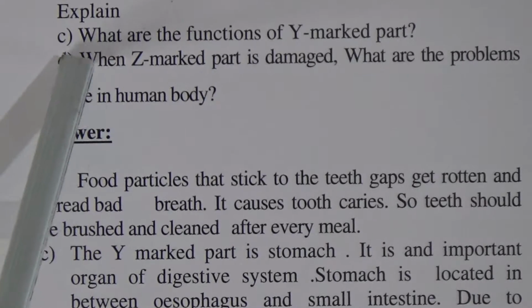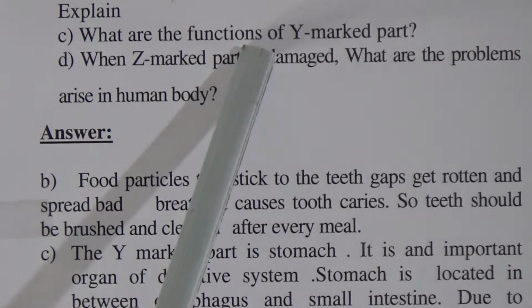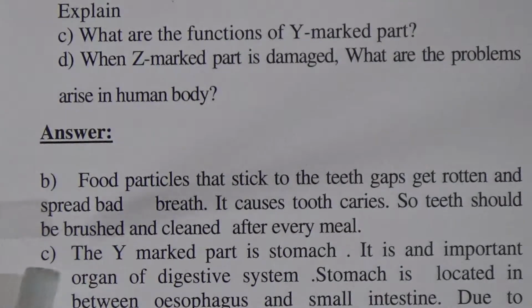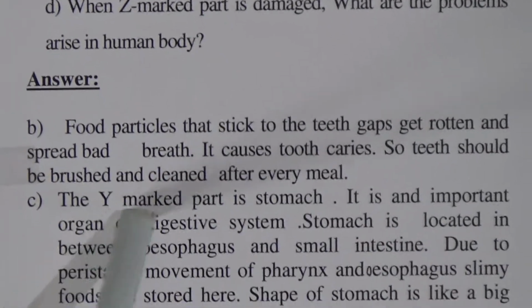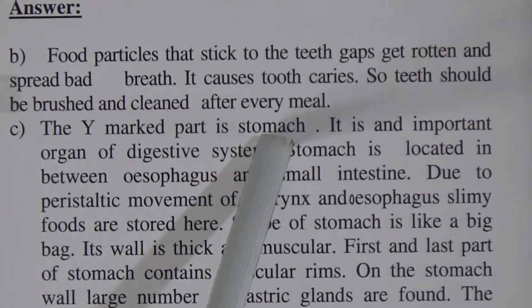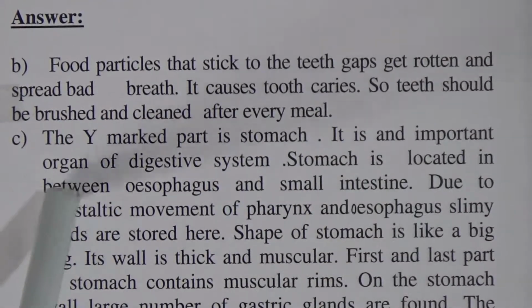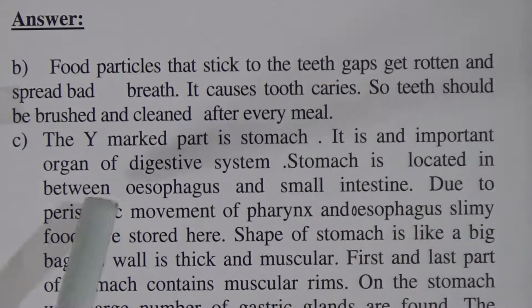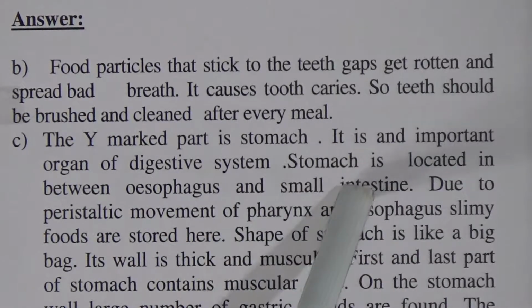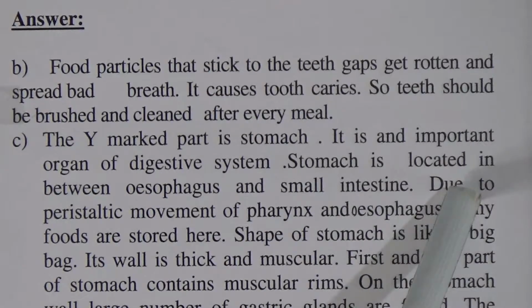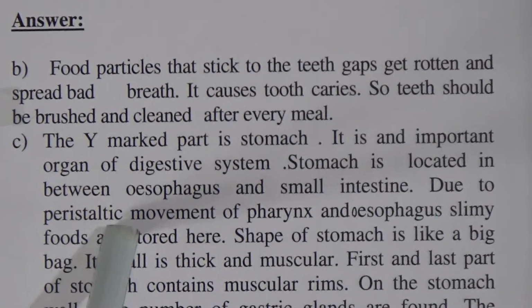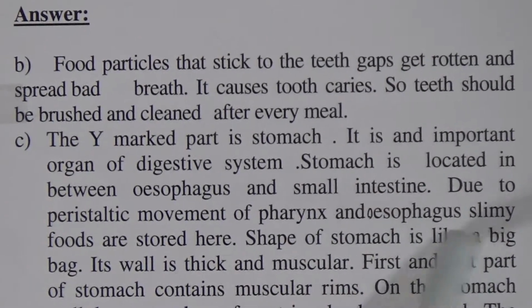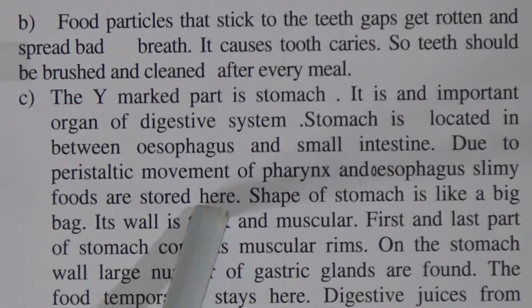C number question is, what are the functions of Y marked part? Answer will be, the Y marked part is the stomach. It is an important organ of the digestive system. The stomach is located in between the esophagus and small intestine. Due to peristaltic movement of the pharynx and esophagus, slimy foods are stored here.